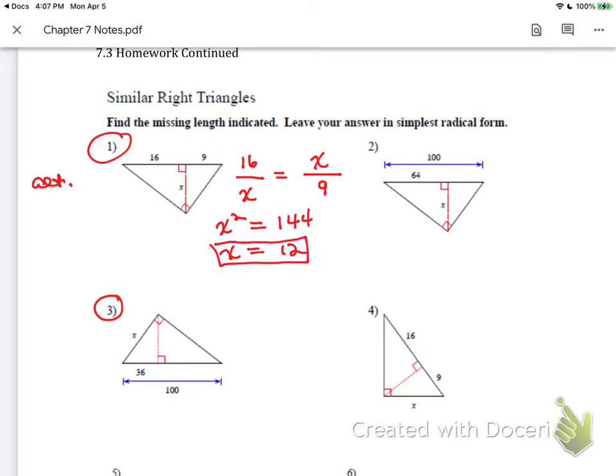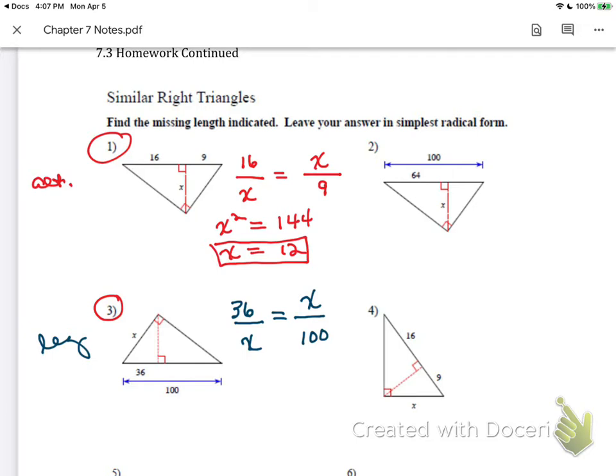Okay, so I'm going to change my color. And this is the geometric mean using the leg. So look what we're going to do. Set these two equal. Put the leg value in the spot where the geometric mean goes, which is always going to be low-high. And then the way it works is you take the piece that's adjacent to the x side, which is the 36, and the entire hypotenuse, which is 100.